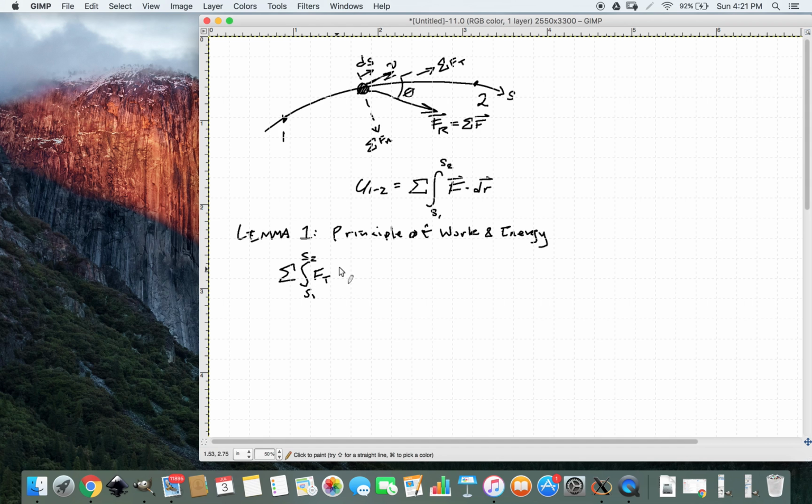The tangential piece and then the distance ds. We can connect this to a corresponding acceleration using Newton's second law.